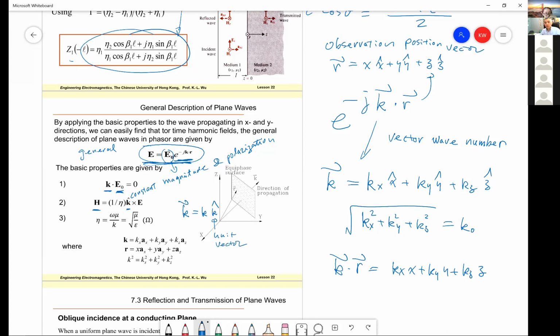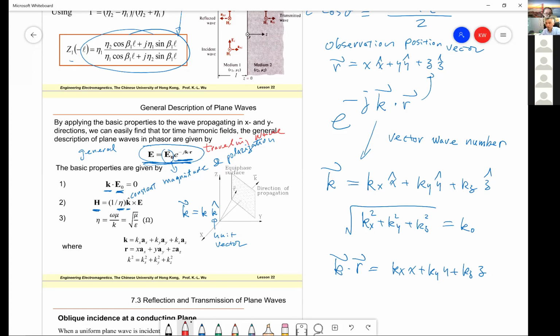If you know the unit vector and cross it with the electrical field, you have the direction of the magnetic field. The magnitude of E over H follows Ohm's law, so this is the intrinsic wave impedance. Because the exponential term is a traveling wave, this is a general expression for a plane wave.